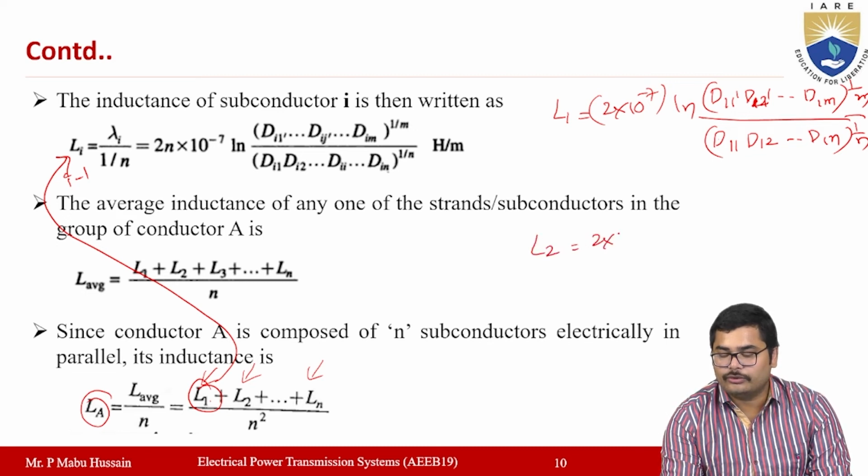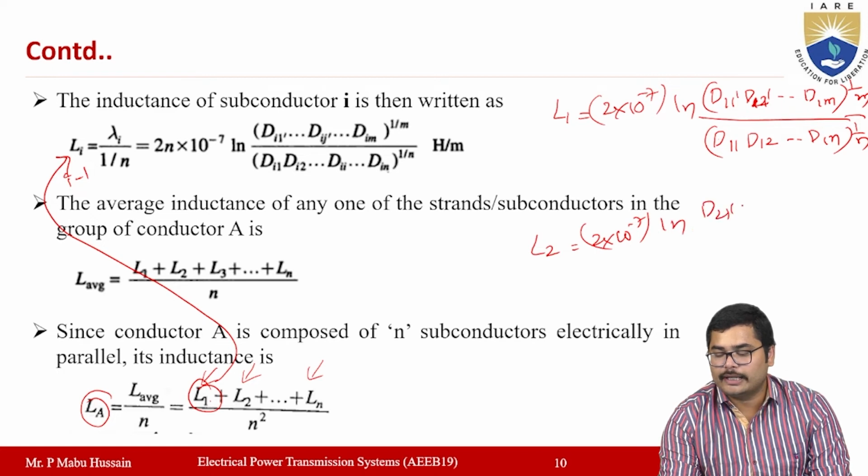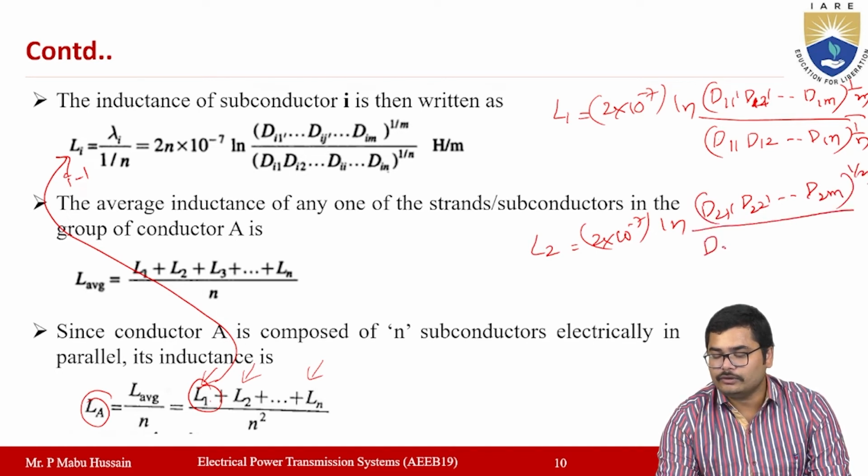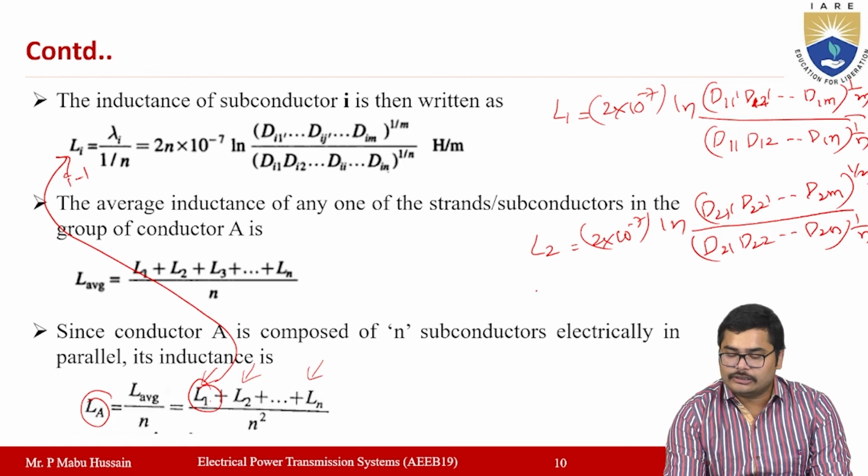Like that you can write L2 also. L2 is equal to 2 into 10 power minus 7 ln of d21 dash, d22 dash, up to d2m whole to the power of 1 by m, divided by d21, d22 up to d2n whole to the power of 1 by n. Like this you can write up to Ln.